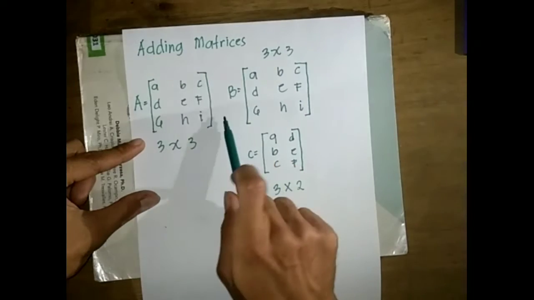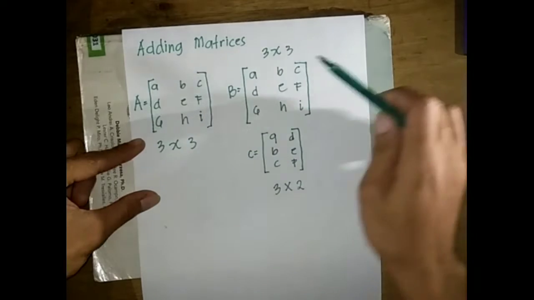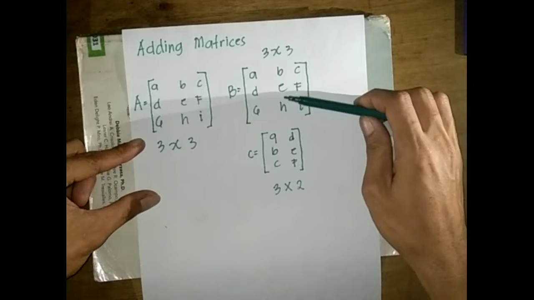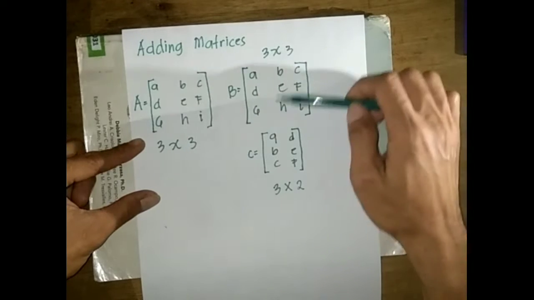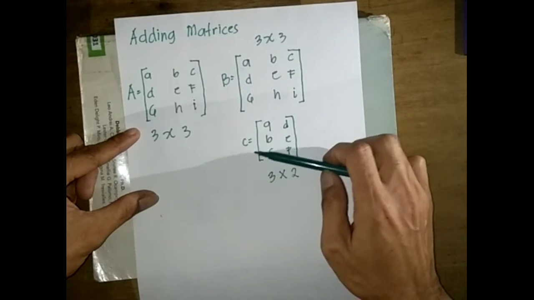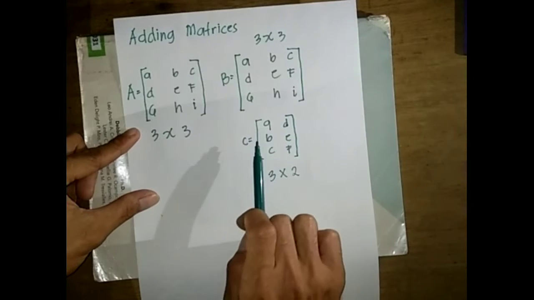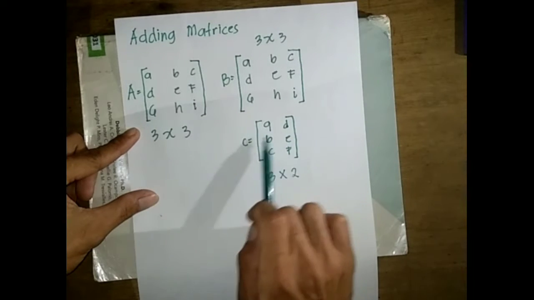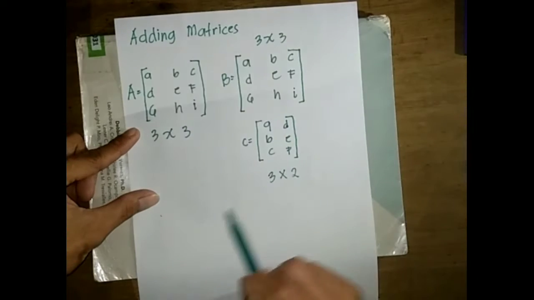Ganon din sa ating matrix B, meron din siyang 3 by 3 na size kasi meron din siyang 3 rows and 3 columns. But on our matrix C, yung size niya is 3 by 2 kasi nga yung rows niya is 3 at meron din siyang dalawang columns.